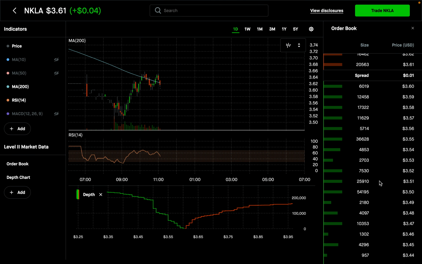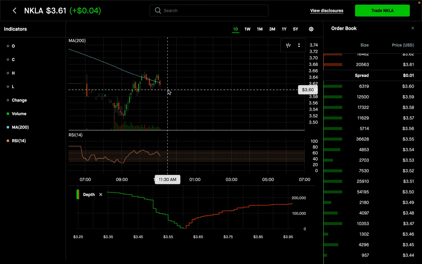So this might potentially be an area where you might get interested in purchasing some shares. Now, you don't just want to buy the shares because you see a huge amount trying to get purchased at these prices. But you could look at this and say, okay, maybe this is a good place to get in. Let's take a look at the chart.